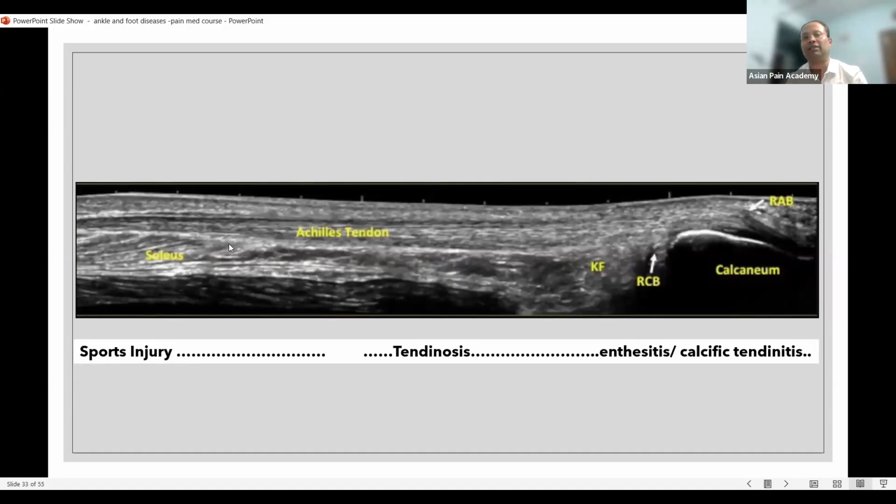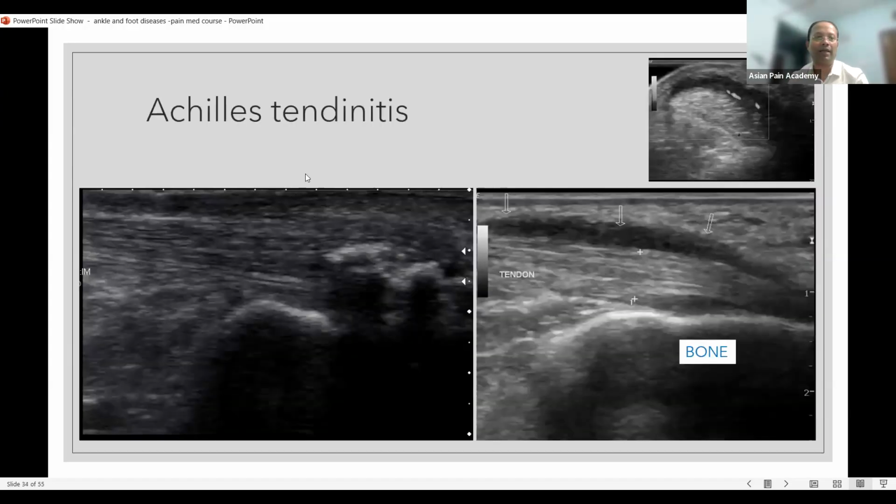There are two myotendinous junctions: one between Achilles tendon and soleus, and going above, Achilles tendon and gastrocnemius. At any myotendinous junction there can be some tear, and that can be an acute injury. So three areas can be problematic. Now here, in Achilles tendinitis at the insertional area, you can see these calcifications within the tendon.